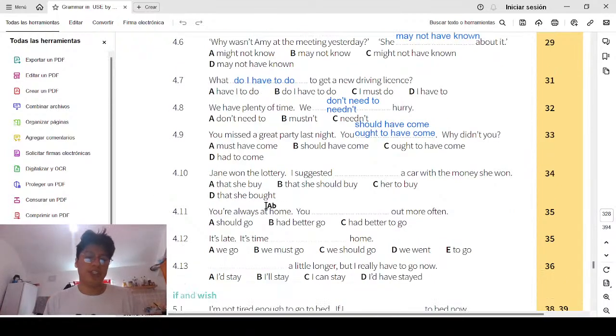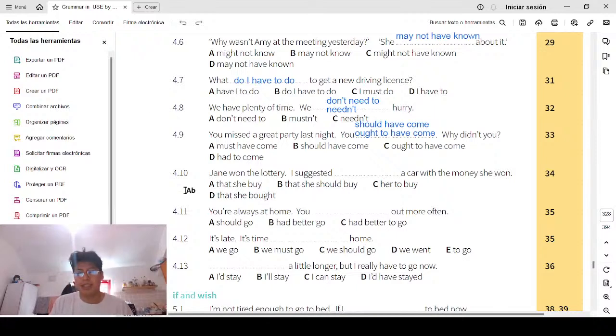Next one. Jane won the lottery. I suggested that she buy a car with the money she won, or I suggested that she should buy a car with the money she won, or I suggested her to buy a car with the money she won, or I suggested that she bought a car with the money she won.